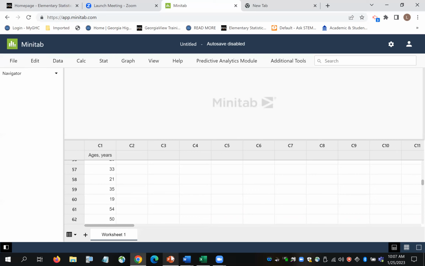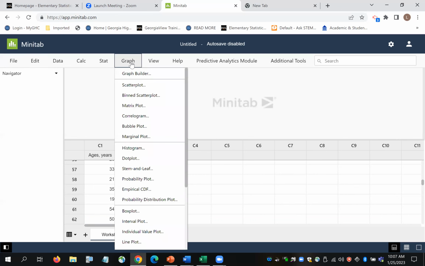Okay, we want to create a graph. Again, I mentioned to you the other day that Minitab is fairly common sense if you think about it. We want to create a graph, so we go to Graph, and when I click on it, I get a list of all the different types of graphs Minitab will create.